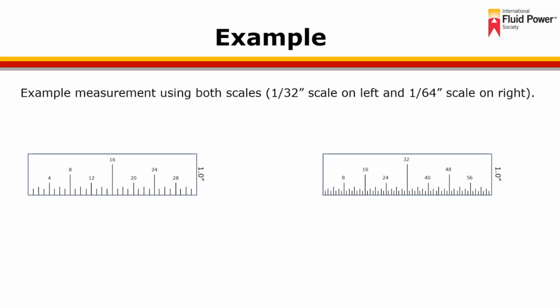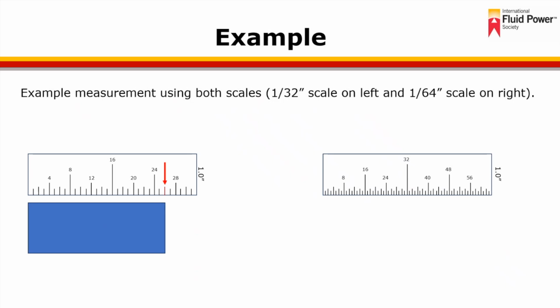Here are 2 examples that we will look at, one measurement each using both the 32nd inch scale and the 64th inch scale. How long is the figure shown? With our 0 set at the edge of the measured device, we find the line that is closest to the length of the item.